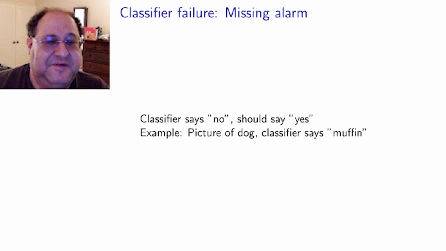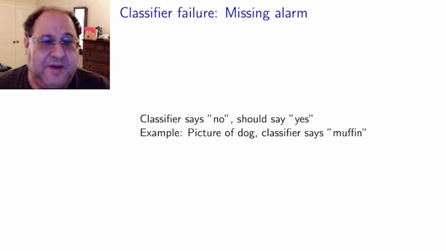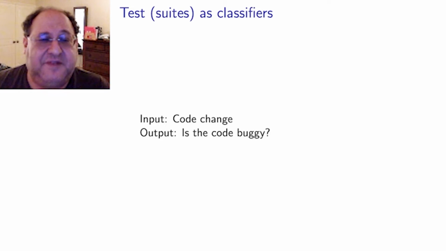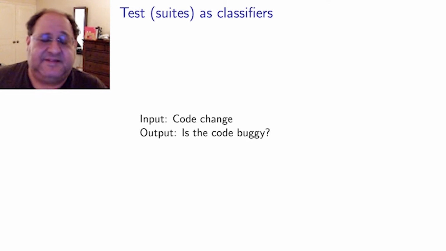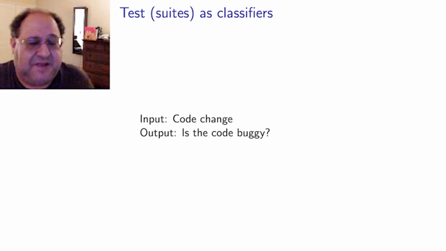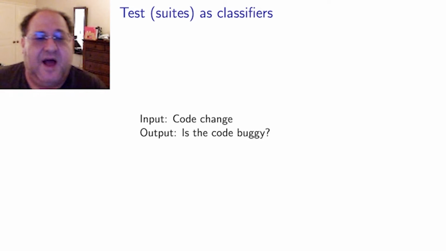The reason is that now we're going to start thinking about test suites as classifiers. So a single test is not what classifies the code. What classifies the code is that you give it a code change, the CI system. You can think of the whole CI system, but I'm going to focus on the test part.